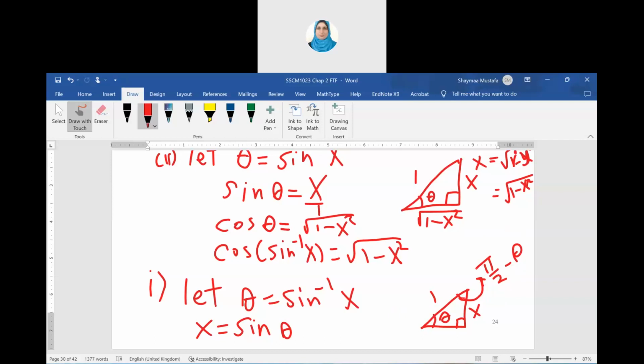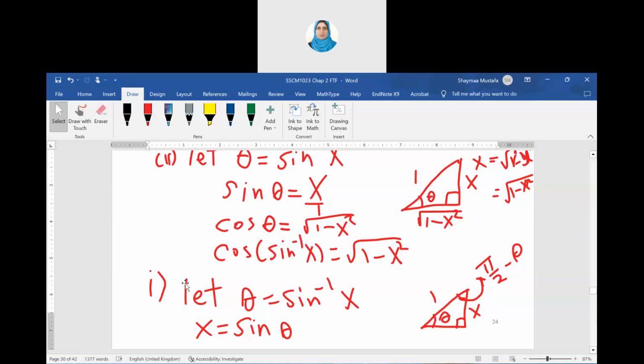I need to calculate the cos of this angle. From this triangle, cos of pi over 2 minus theta equals x, because cos is the adjacent over hypotenuse.